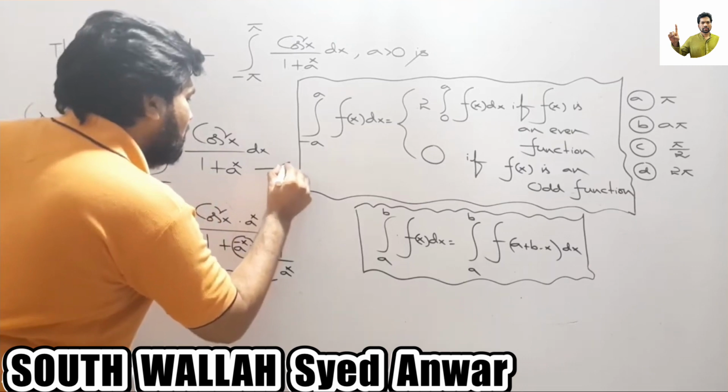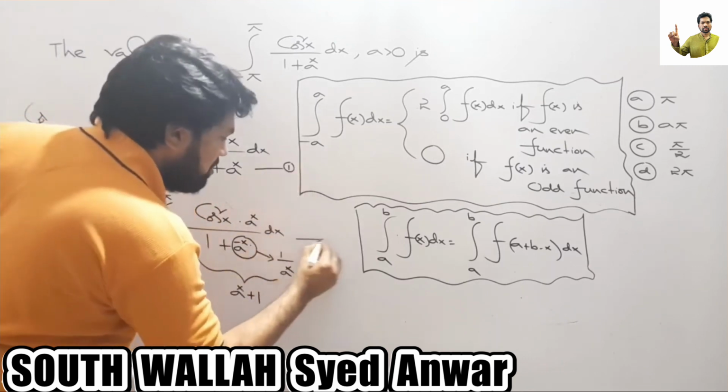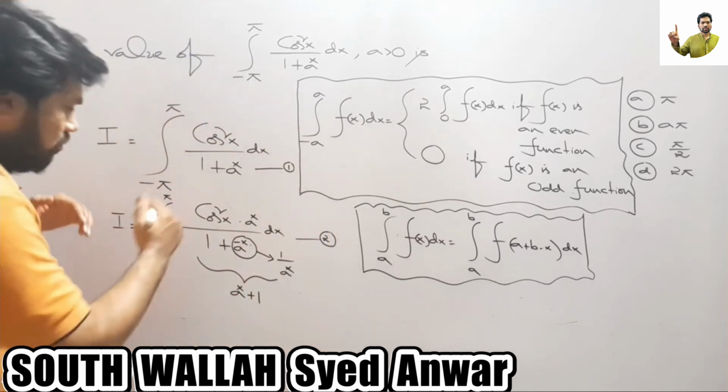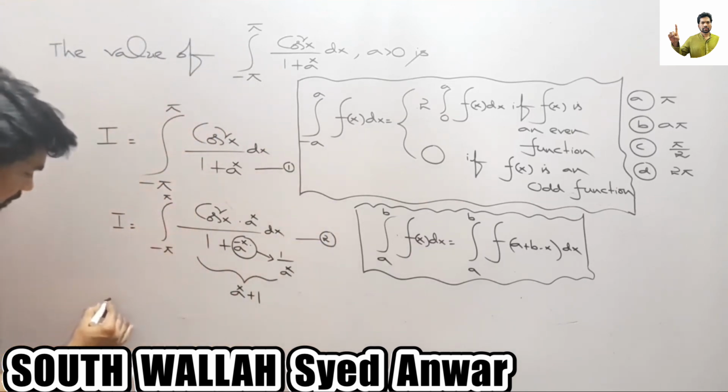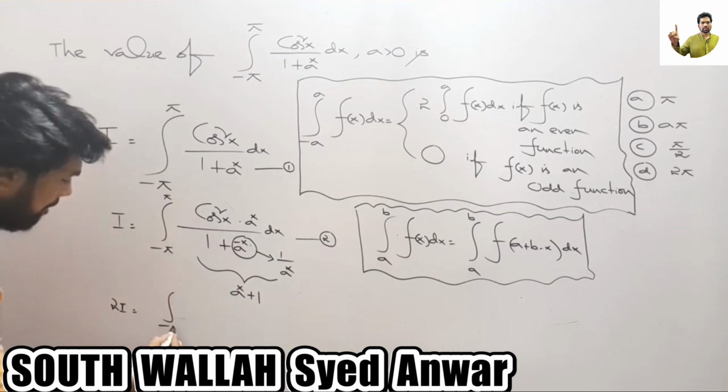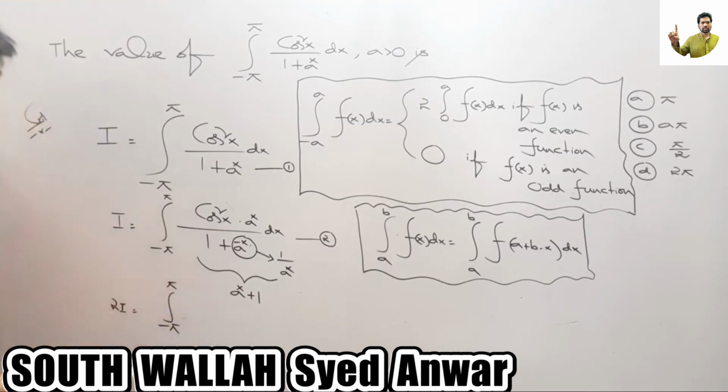I'll give equation number 1 for the first one and equation number 2 for the second one. I'm going to add these two, adding 1 and 2. Then the left side is 2I is equal to integral from minus pi to pi. There is no change in the limits.